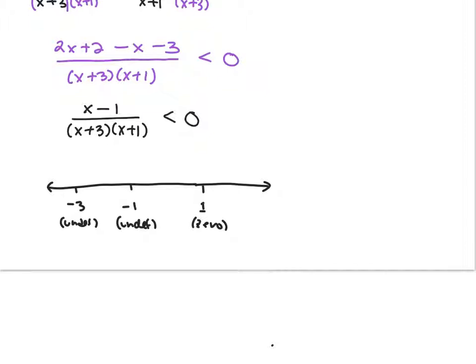Now plug some numbers in. So to the left of -3, we're going to test -4. Numerator is negative, denominator is negative times another negative, right? So overall your expression is negative there.